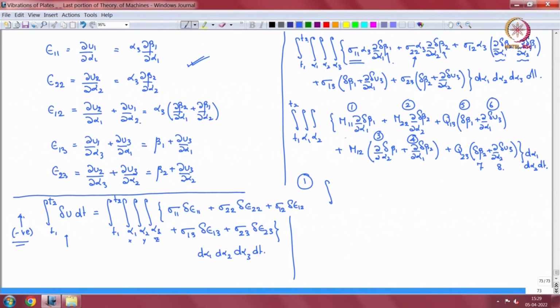Because there is a derivative with respect to alpha 1, we will take the alpha 1 integral of M11 del by del alpha 1 of delta beta 1, which is equal to the integral of the product M11 delta beta 1 at the edges of alpha 1, minus an integral over alpha 1 of del M11 by del alpha 1 times delta beta 1 d alpha 1.